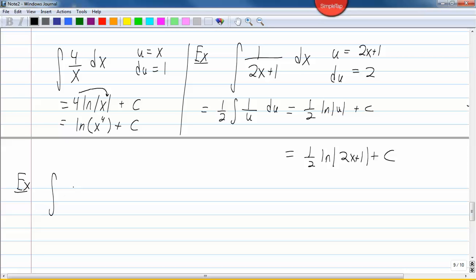So look at this one. Alright, I see a fraction. The first thing I think to myself is, is this a natural log integral? So the way you can tell, take your denominator and let that be your u.